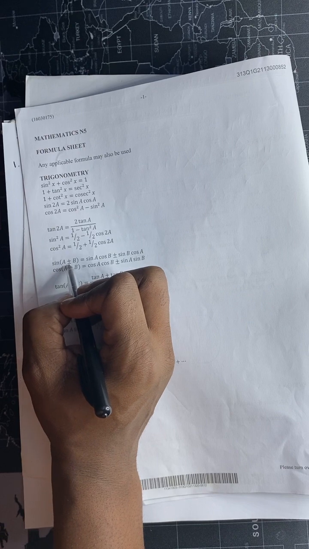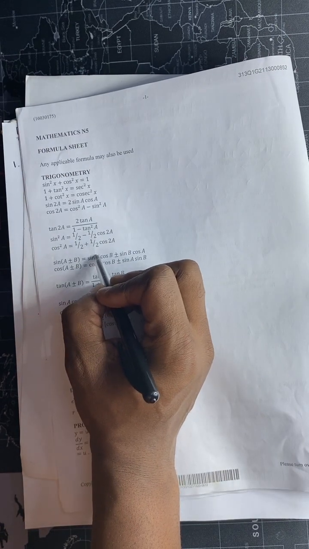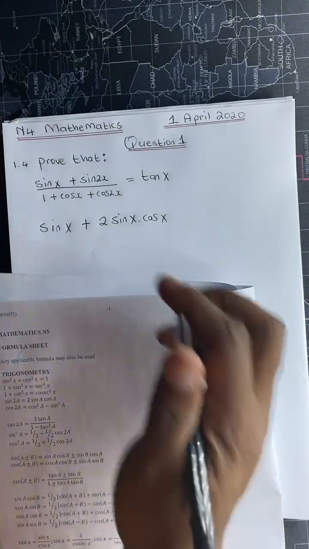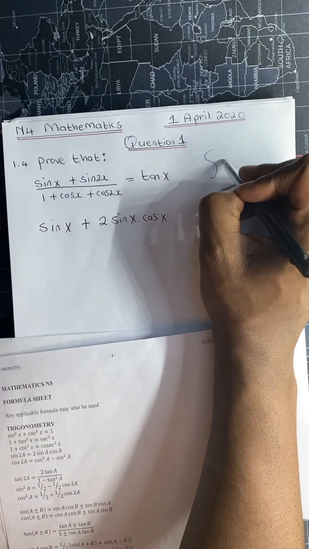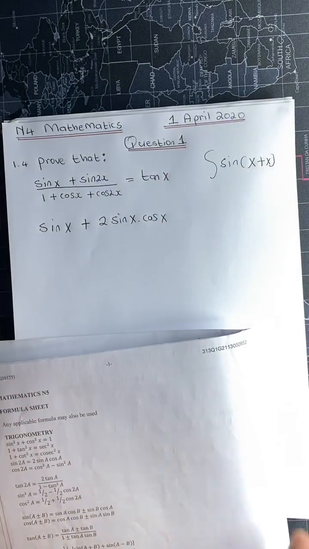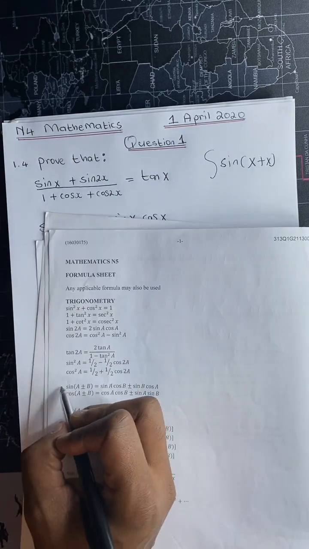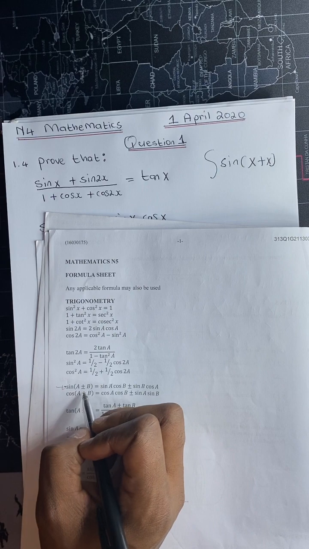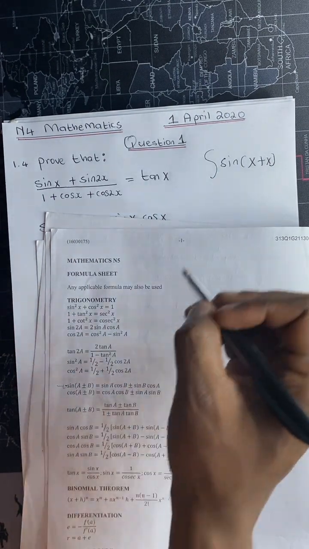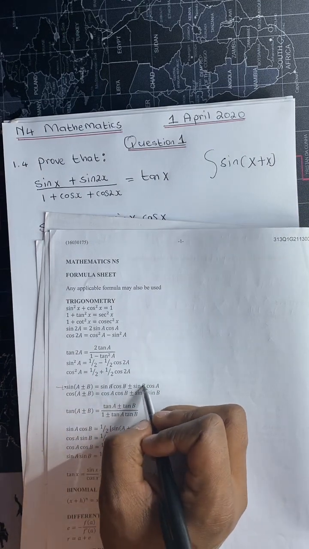This sine of a plus b is equal to, so a will be x. So this sine 2x, we can write it as sine of x plus x, and from there we will use this formula over here, sine a plus b, but a will be equal to x and b will also be equal to x, and we replace x here, x here, x here, x here.